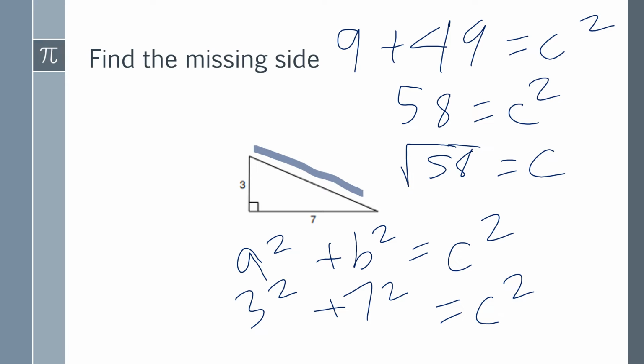So let's find out 58. And remember, we try to find perfect squares of that. So I'll be doing it. You could do it with me too if you like.